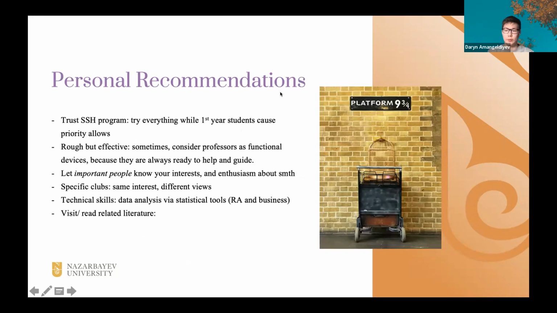Our program is designed in a way that first year students have a priority to select 100-level courses, like intro courses, which are really important and can affect your future major selection, of course, but it also helps you to identify your major more easily, and it can give you more understanding of what kind of research, or what topic of interest, will become yours in the future.